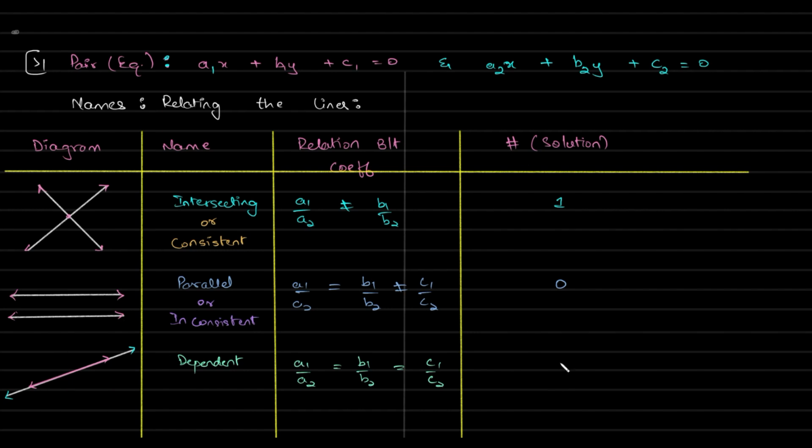And we have the solution to be infinite because there are infinite number of points that are common. And the name given to this is coincident. Okay, actually it should have been the other way around. On the top it should be coincident, and at the bottom it should be dependent. That's the pattern. Anyways, the names are names. I was writing in that pattern.